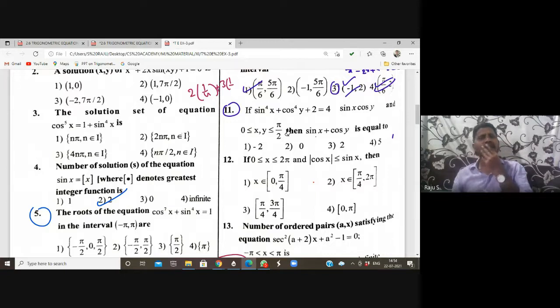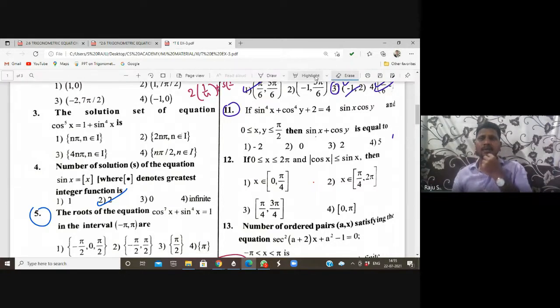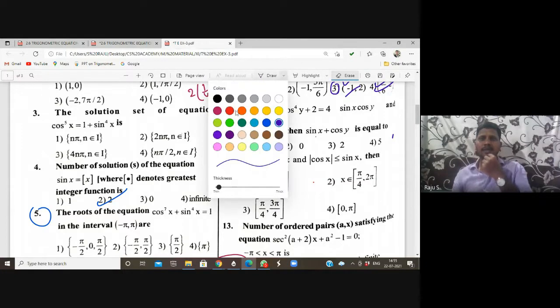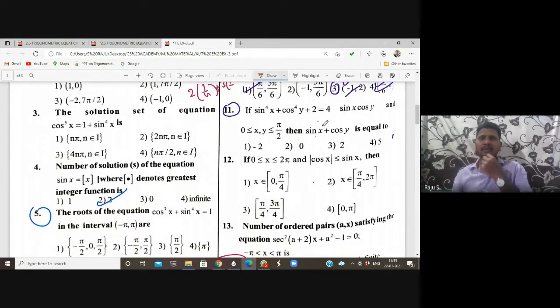Okay, what is the maximum value we might get here? Okay, see here. When I take here the x value pi by 2, x can be any value from 0 to 90, and I take the y value 0. Then what is the answer we are going to get? 1.